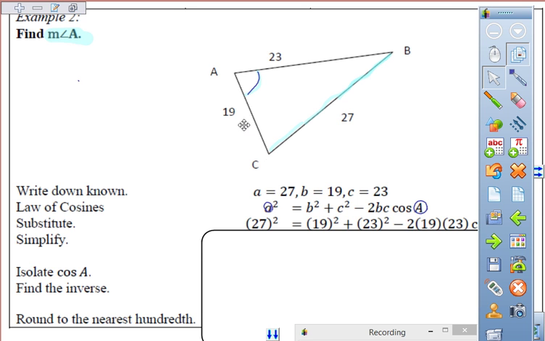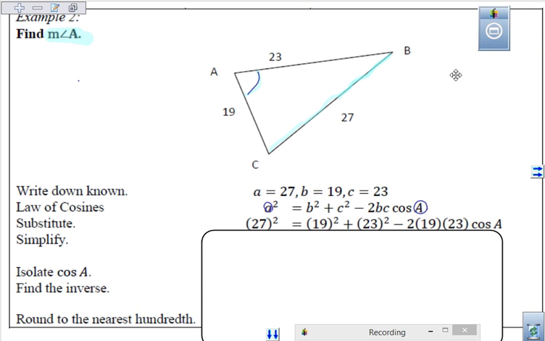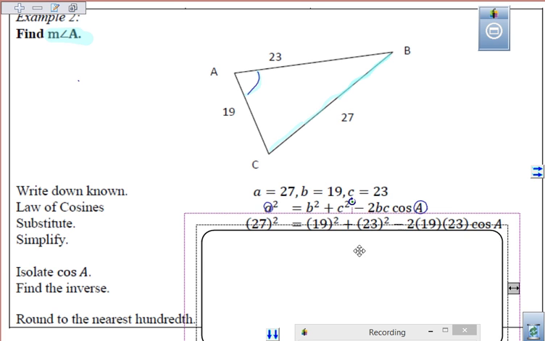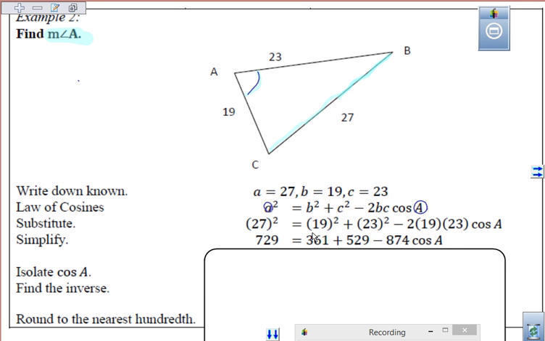And then the 23 and the 19 go in for B and C in any order. So then minus 2 times 19 times 23, and the thing that we don't know is this A. Then we can simplify those numbers. And this person did them all separately, so 2 times 19 times 23 is negative 874.